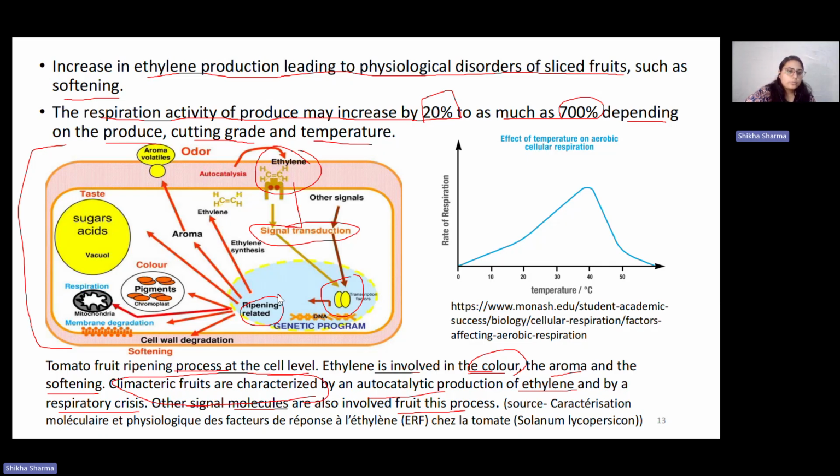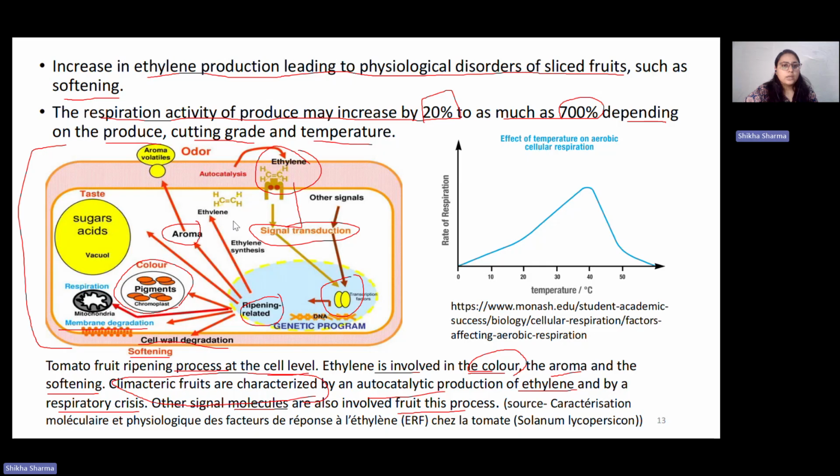Because of the ripening, cell wall degrades and the softening process will occur, and membrane degradation also takes place. Because of the ripening, the color-producing compounds, the pigments in the chromoplast, can also generate aroma or volatile compounds.